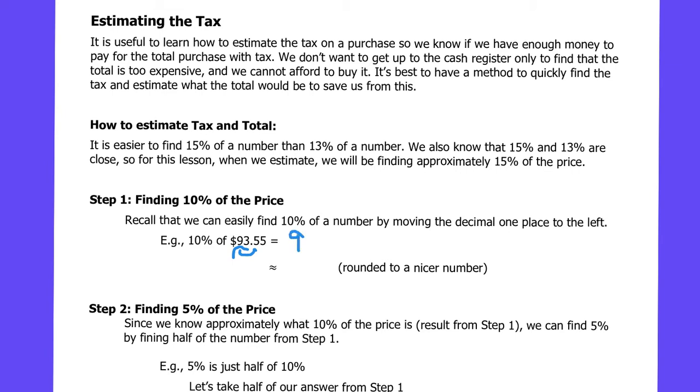So our new number is 9.355. We want to make this an even nicer number, so we're going to round it. In this case, we'll round down because it's closer to $9 than it is to $10. So we'll round it down to 9, and now we've got a nice number to work with. That tells us that $9 is approximately 10% of that total cost.